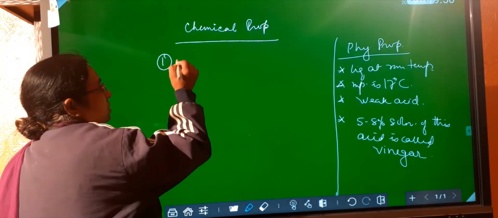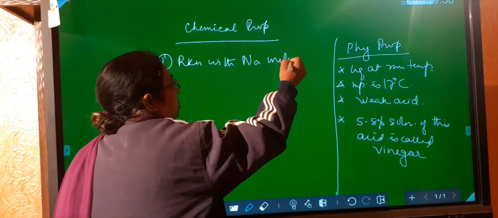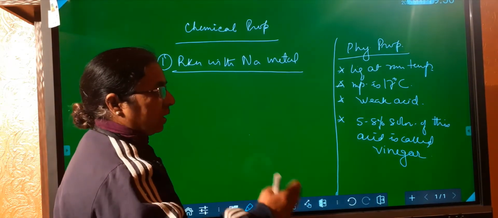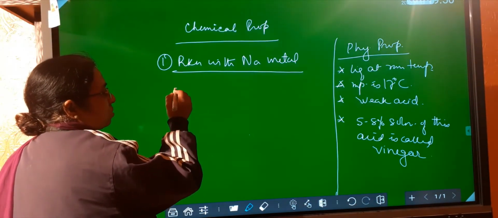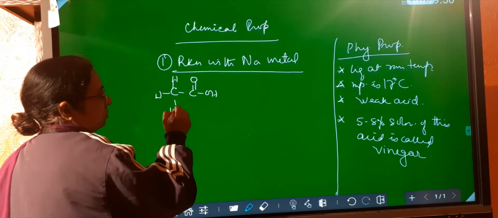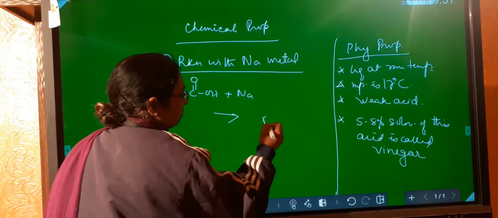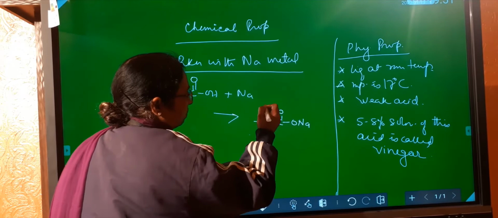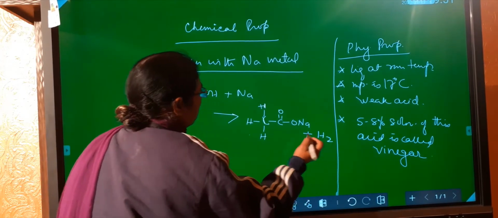केमिकल प्रॉपर्टीज में सबसे पहले रिएक्शन विद सोडियम मेटल, जैसे हमने किया था। So again since this is an acid, और ये वीक एसिड है, बट हाँ अल्कोहल से थोड़ा स्ट्रॉन्ग एसिड है। So reaction with sodium metal, so ethanoic acid and sodium metal, so this will give CH3COONa plus H2 will be given out.